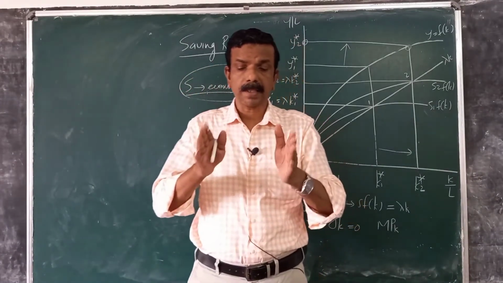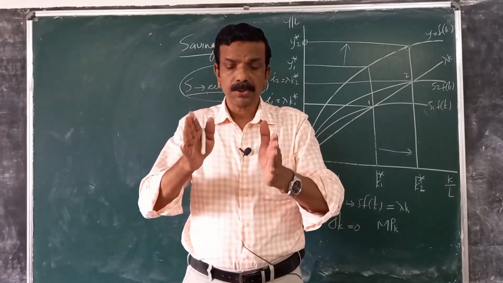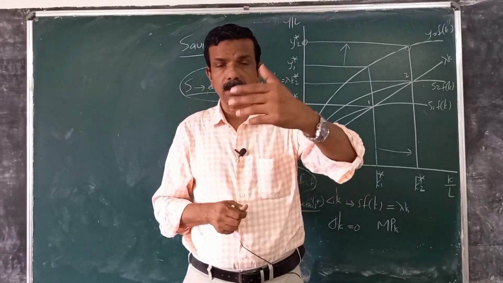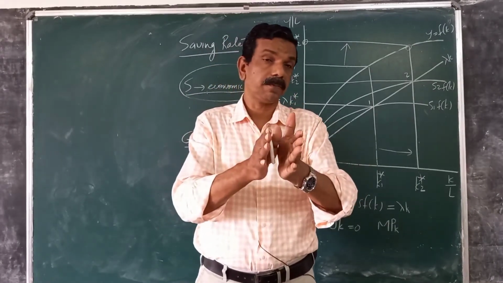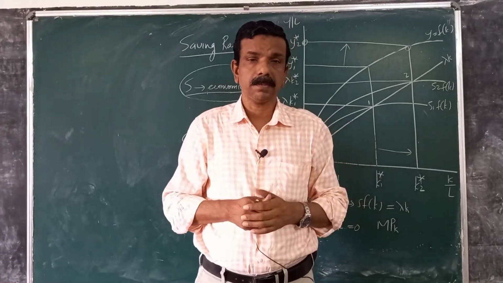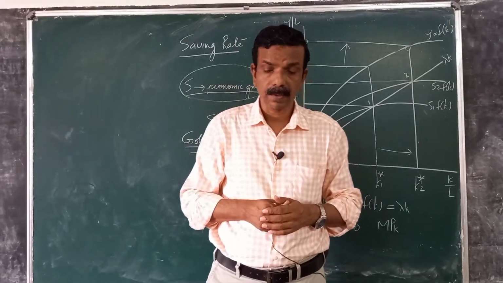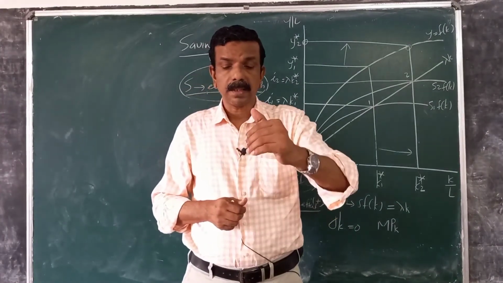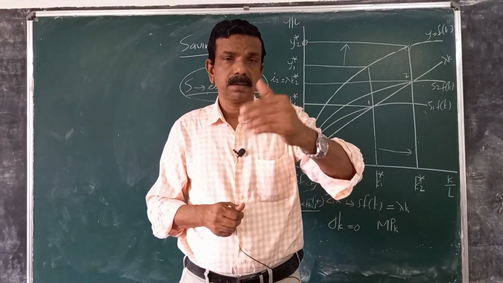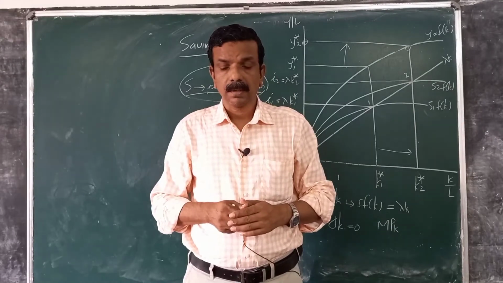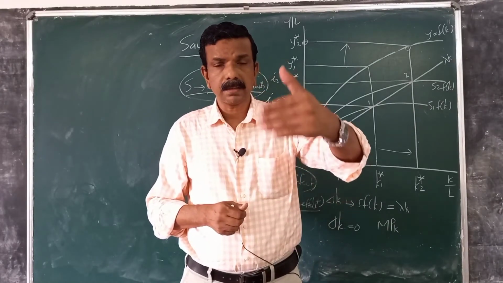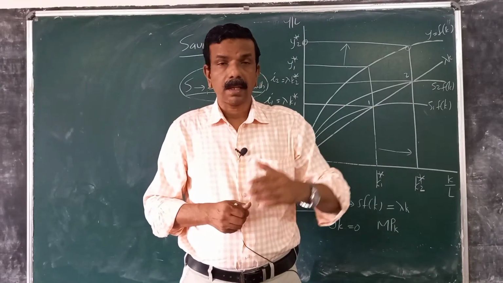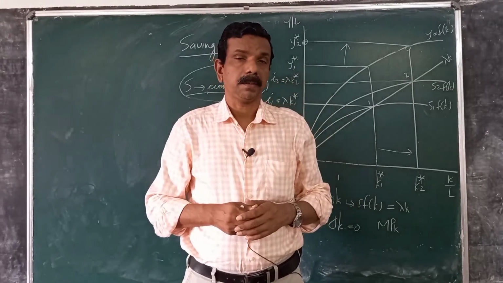Now, assuming that the ratio of workers to population is similar in all the countries, we expect that the higher a country's savings rate and investment, the higher will be the per capita income.